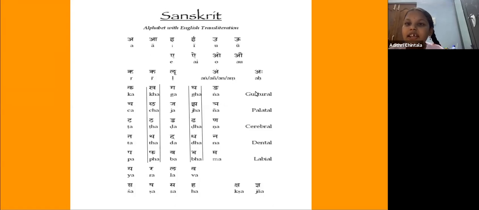K, Ch, Ch, J, J, na. Th, Th, D, D, na. T, T, D, D, na. P, P, F, B, B, ma. Ya, R, L, V, Sh, Sa, Sah. Yeah.